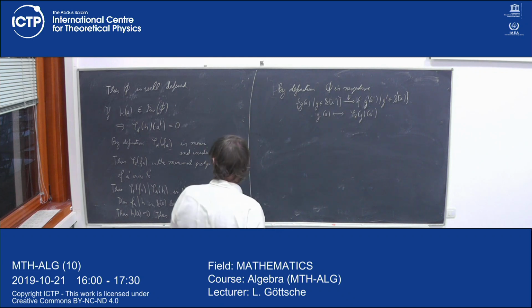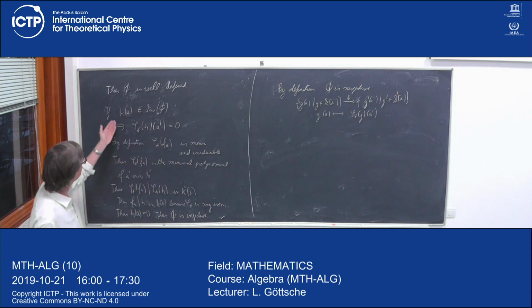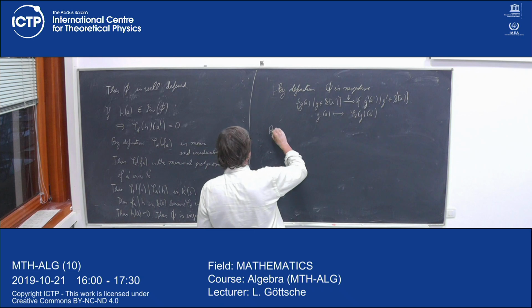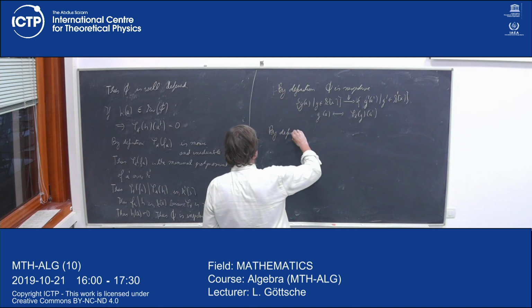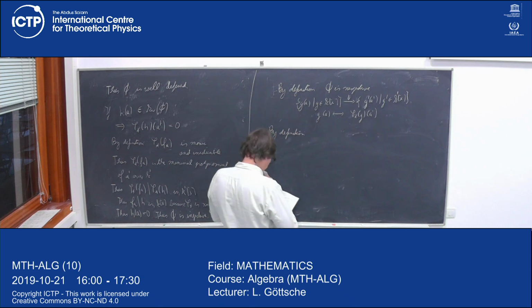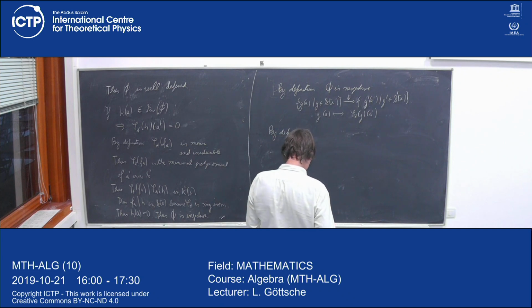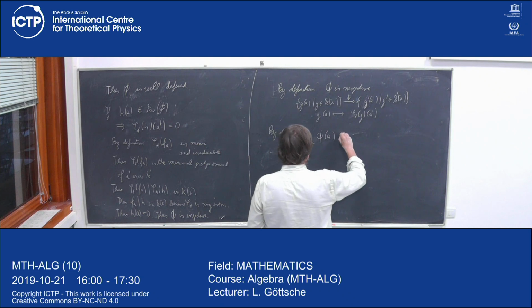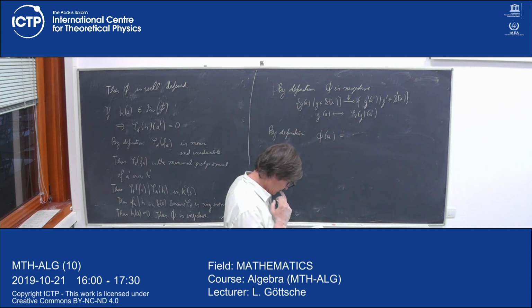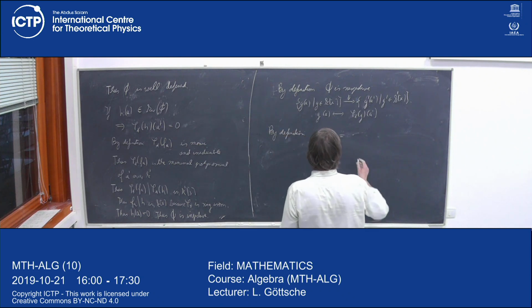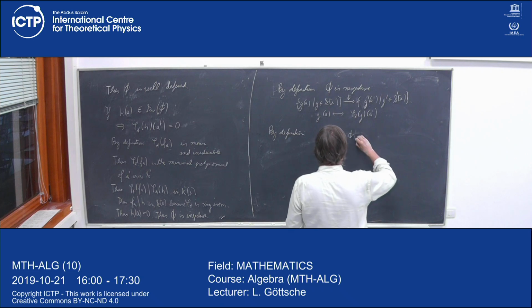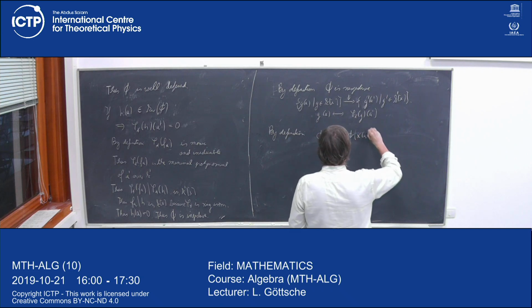And so finally, we also had the statement that phi sends a to a prime. By definition, if I have phi of a, this is equal to applying, so to speak, phi to the polynomial x applied at a.